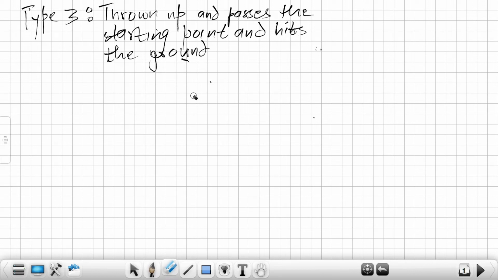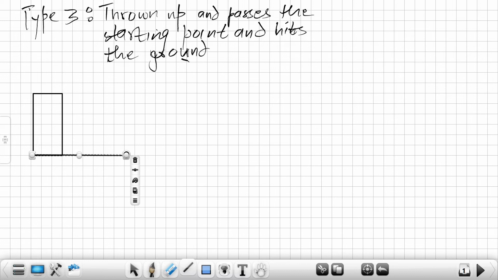Can I have a drawing for this situation? Yes. I have my starting point at a certain height, and this will be my ground.